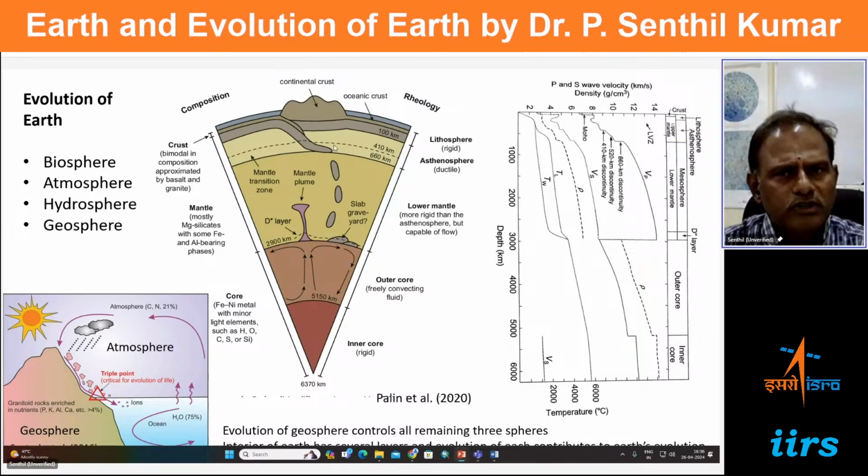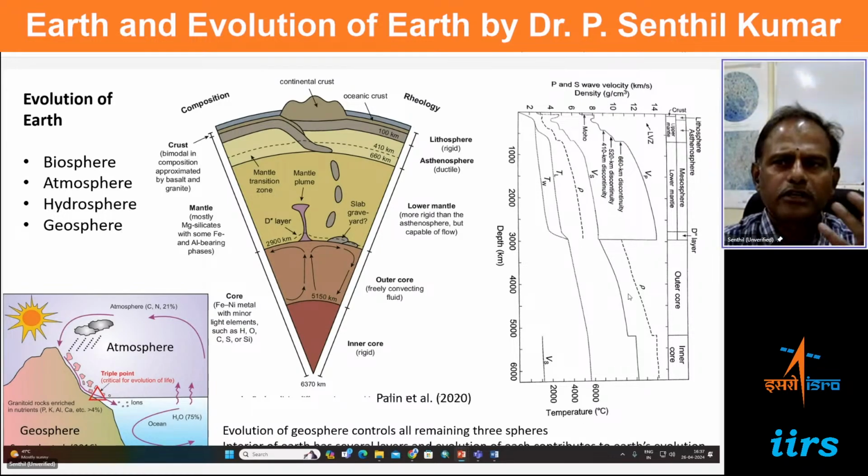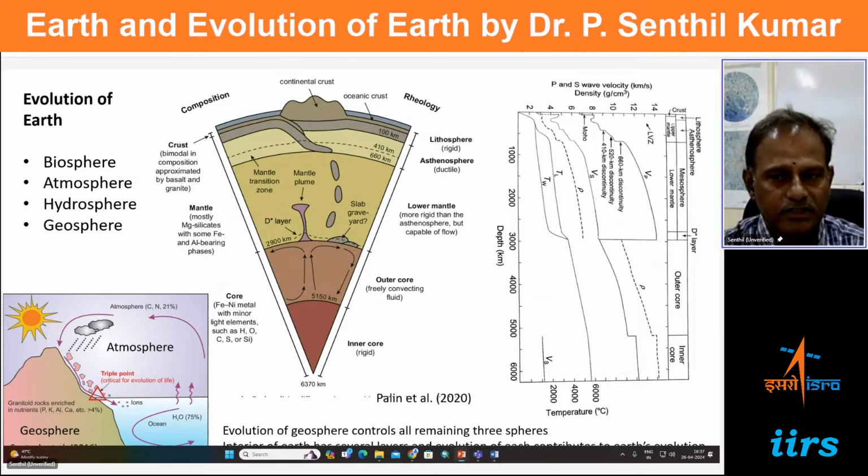So the velocity at which these seismic waves are traveling inside is captured here. You can see there is an increase in velocity of compressional waves, and when they reach the core-mantle boundary, the velocity suddenly decreases because the outer core is liquid in nature. So this is how geophysics helps us to delineate the interior structure of the Earth.